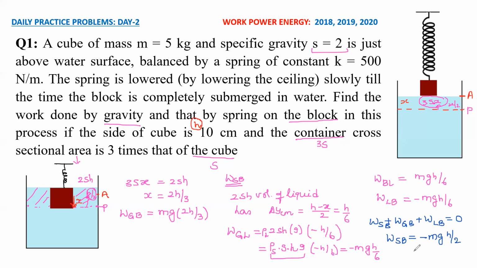And that comes out to be, because mg is 50 and h by 2 is 0.05, so this comes out to be minus 2.5 joules. And here work done by gravity on the block, which is 2 by 3 into 50, that is 100 by 3 into 0.1. So 10 by 3. So it is easy to understand both the works done. So please revise this solution once again and try to understand it.